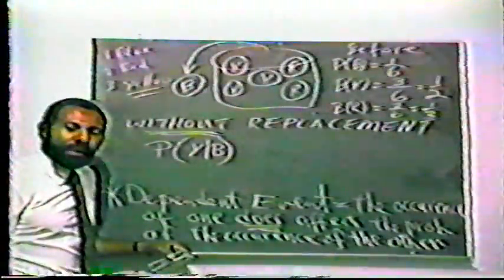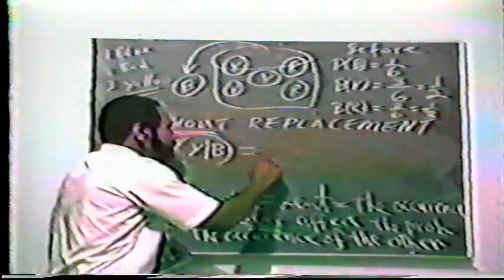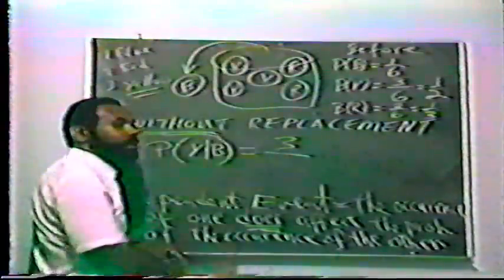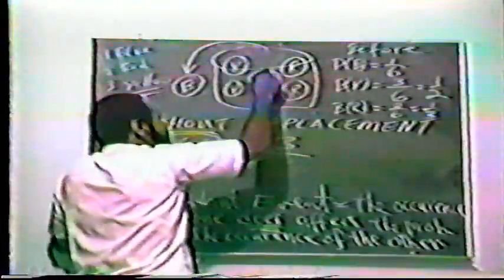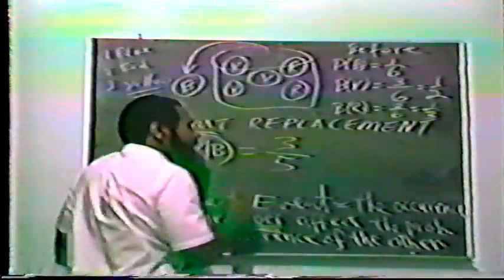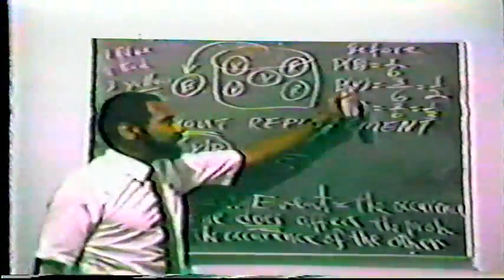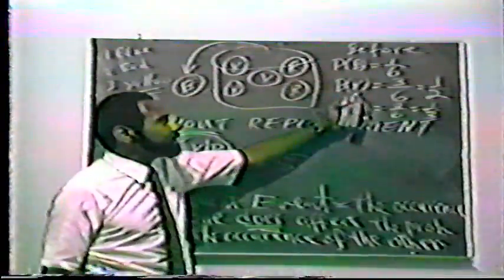The probability of getting a yellow ball on the second trial, given that the ball on the first trial was blue, would now be equal to 3 yellow balls over 5 balls, 3 over 5. Now, look at the probability of getting a yellow ball here.